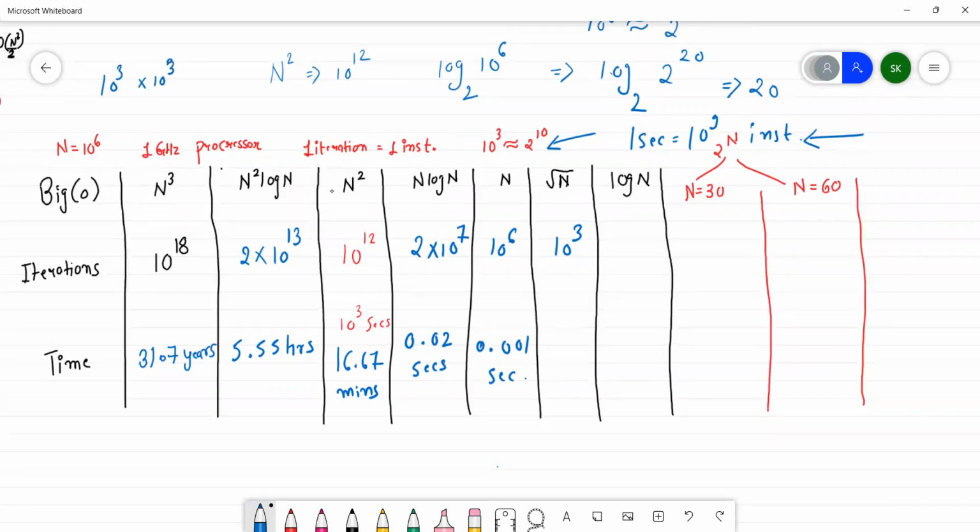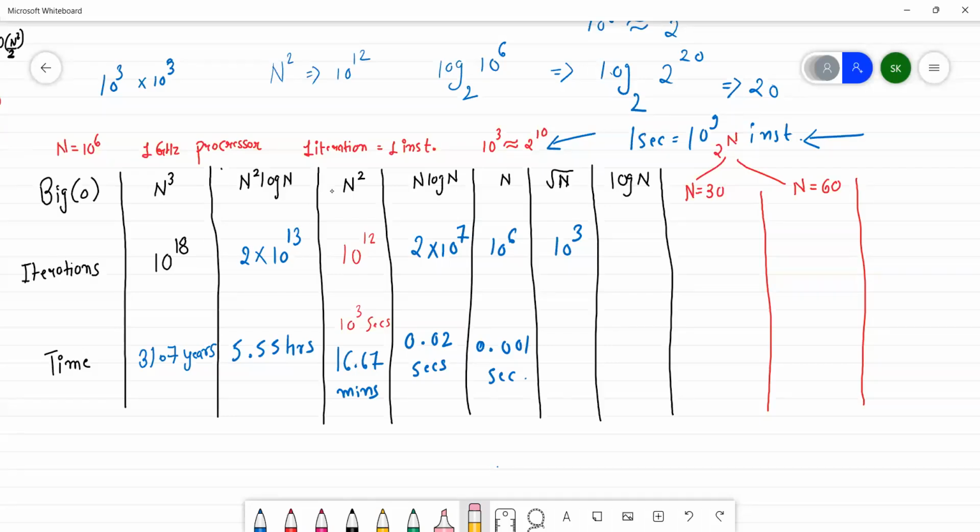If you take the square root of 9, it comes out to be 3. But when we are square rooting 10 to the power 9... Like if you square root 100, what will you get? 10. If you square root 10,000, what will you get?